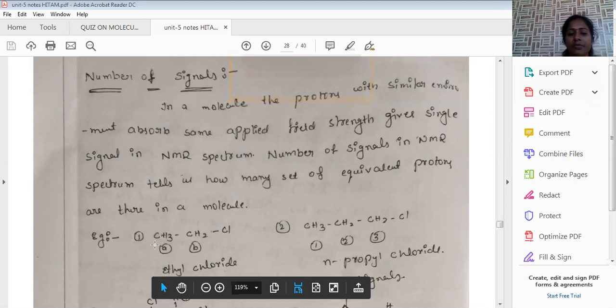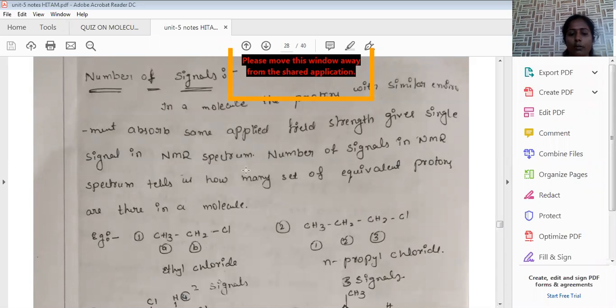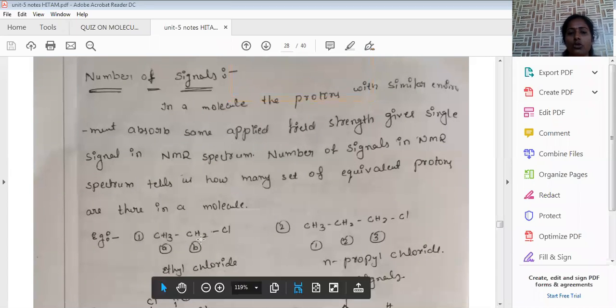For example, let us consider the ethyl chloride molecule. In ethyl chloride, we have CH3, CH2, Cl, where the CH2 group has 2 hydrogens and the CH3 group has 3 hydrogens. If we consider the number of hydrogens, it should give 5 signals, 5 peaks, but instead it will give only 2 signals.